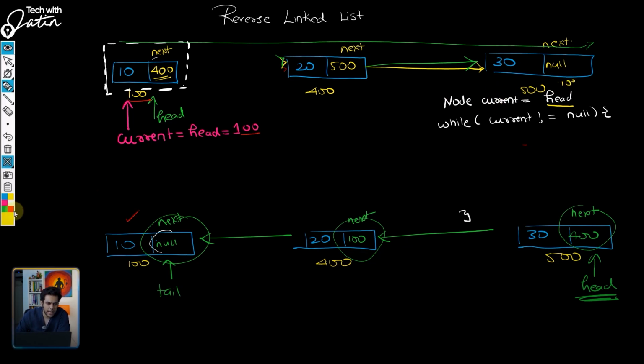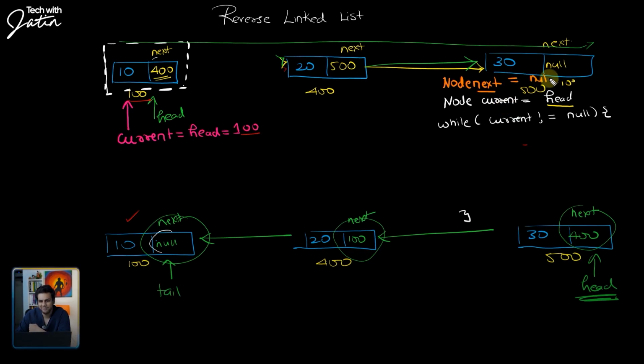I will create another reference variable. Let's say orange color. I'm going to say node next equal to null. I'm going to initialize it with null as of now.